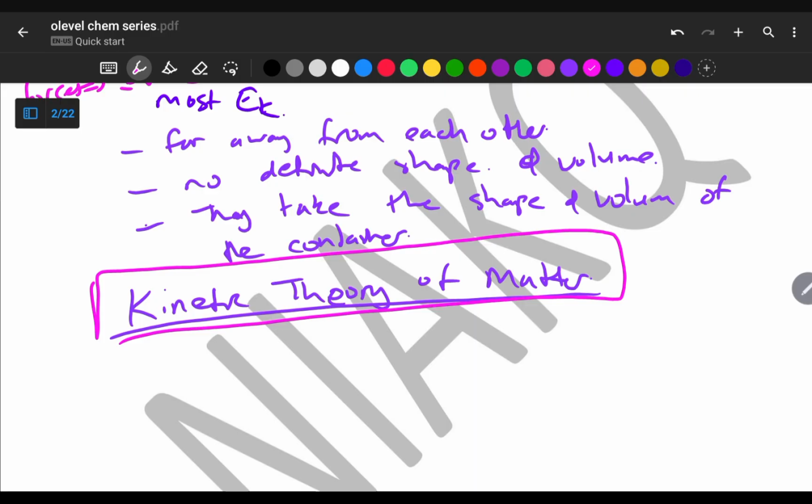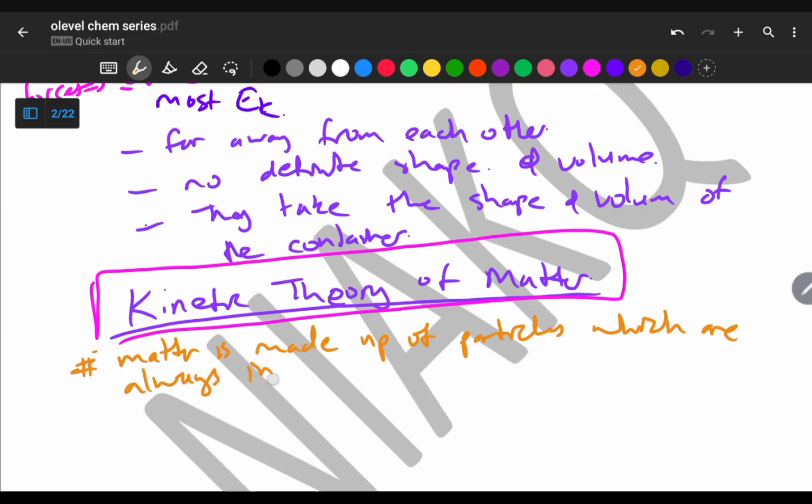So it states that matter is made up of particles which are always in motion.